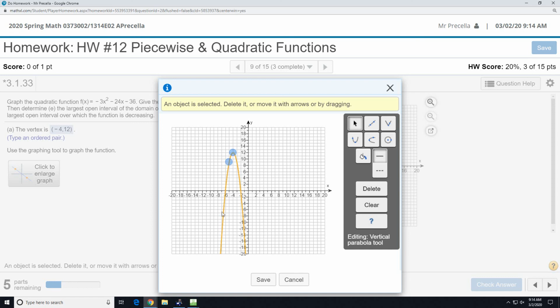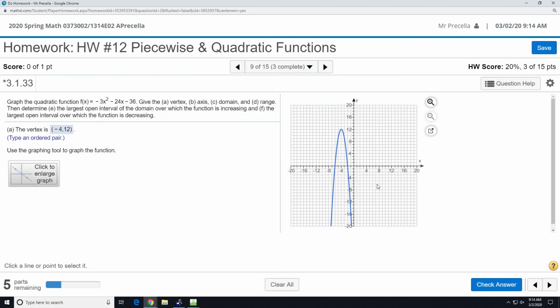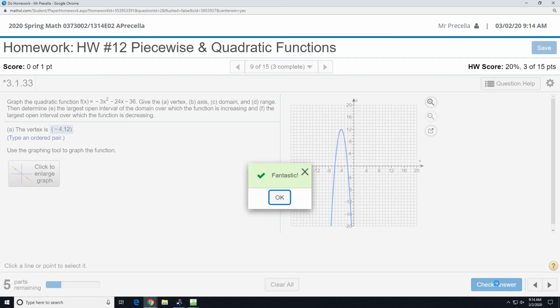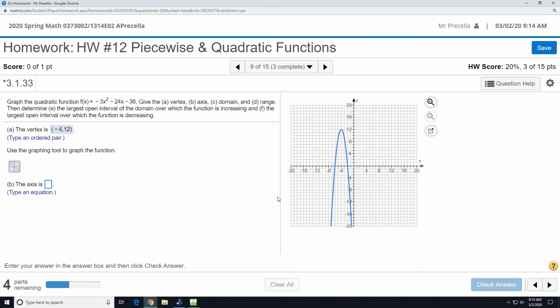The program uses symmetry to draw the mirror image. So that's exactly what you would do if it were multiple choice: the vertex and one other point. Save it. That transfers it back to the original grid, and then check answer. And you think we're finished, but oh no, we are not.